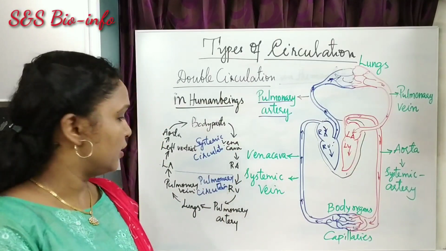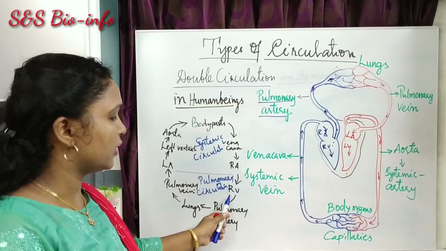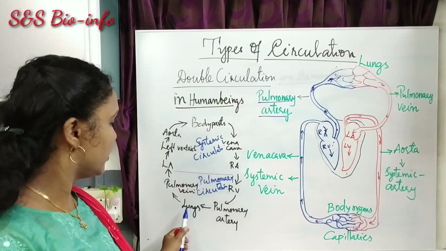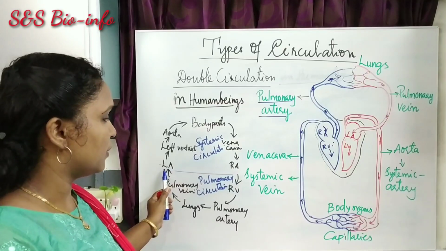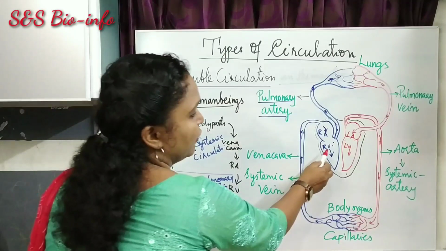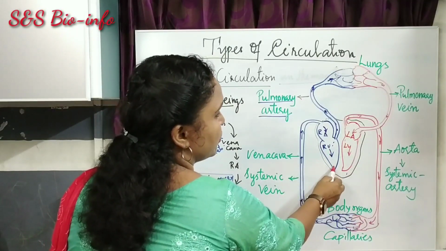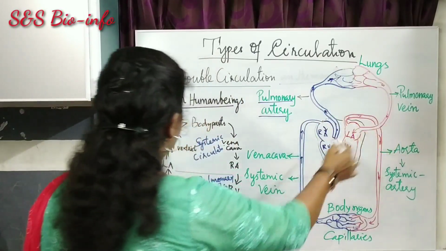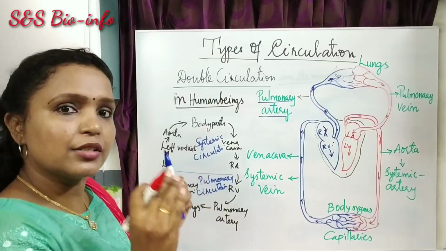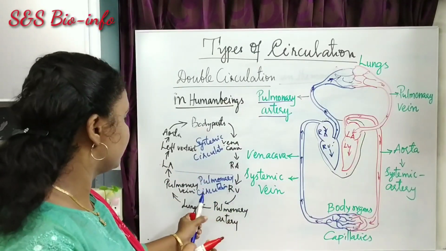Pulmonary circulation begins from the right ventricle, then to the pulmonary artery, lungs, then pulmonary vein to the left atrium. Till that it's called pulmonary circulation.